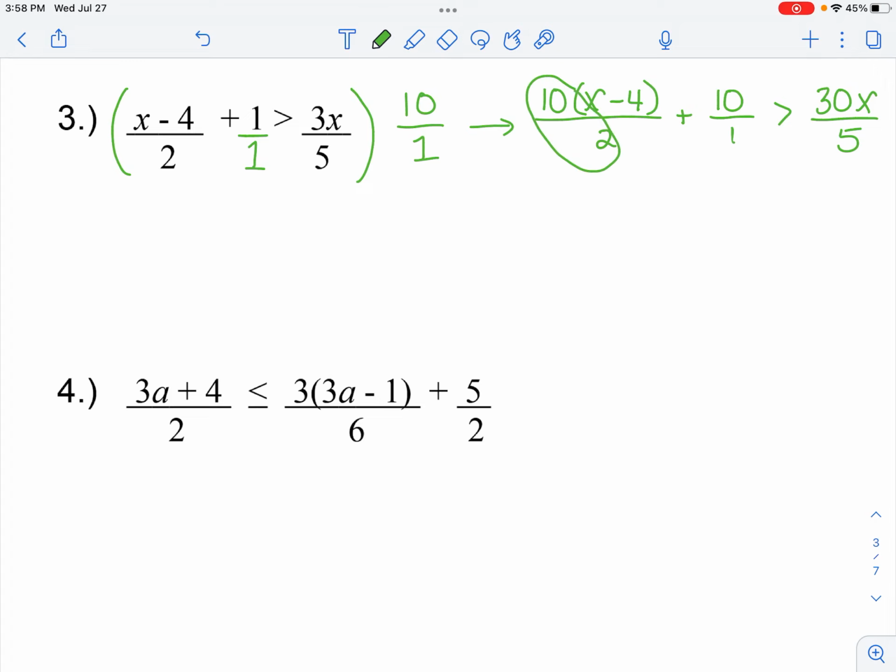The 10 over 2 is really just a 5. So this is 5 times x minus 4, plus 10, is greater than 30 over 5, which is 6x.